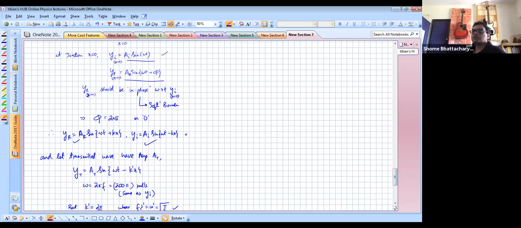Okay, so in these two equations, your omega is 2 pi f, which is 200 pi radians per second, and your k is 2 pi by lambda, or it was 6 pi radians per meter.